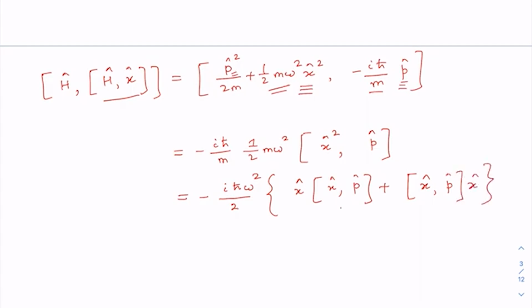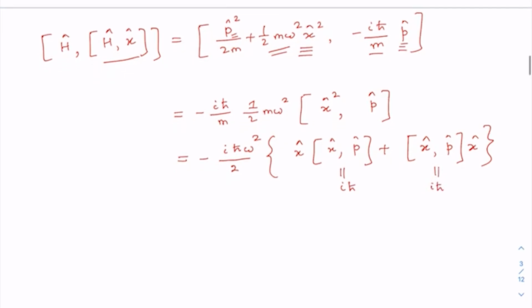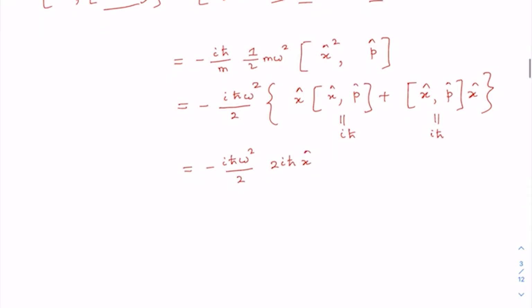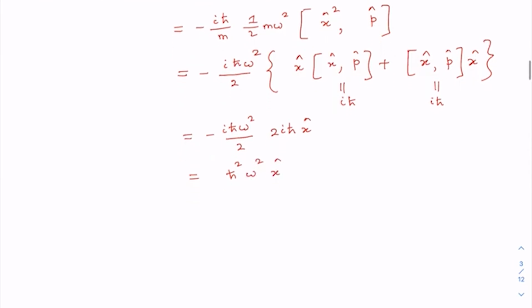Okay, and the commutation of xp is iħ. So therefore I will have here minus iħ omega square by 2, twice iħ x cap, and therefore I will have simply ħ square omega square x cap.